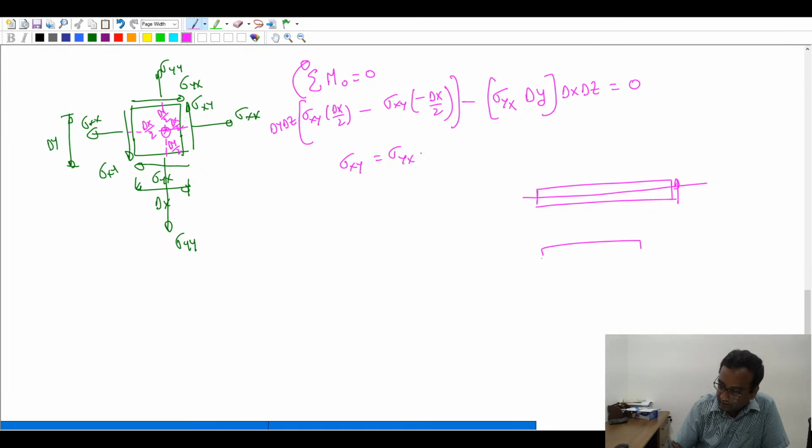If I look at a section like this, there is a distributed shear force acting like this, and hence to complement that there will be a complementary horizontal shear, also acting in this plane like this horizontally. This is the equilibrium dictated shear stresses.